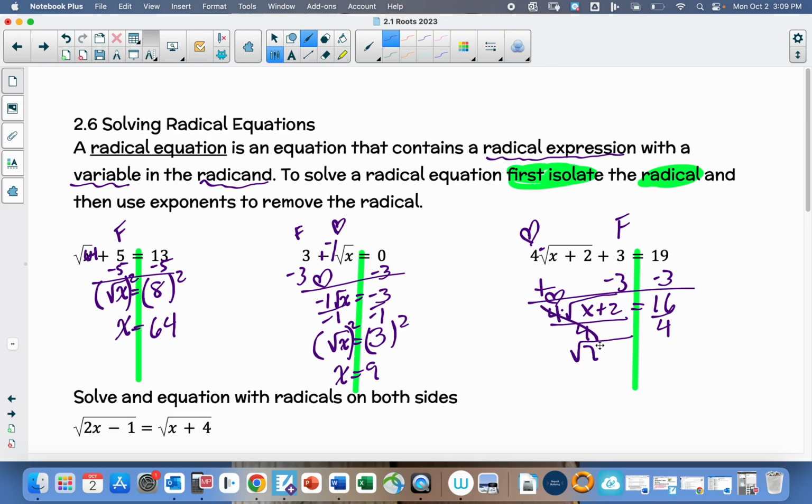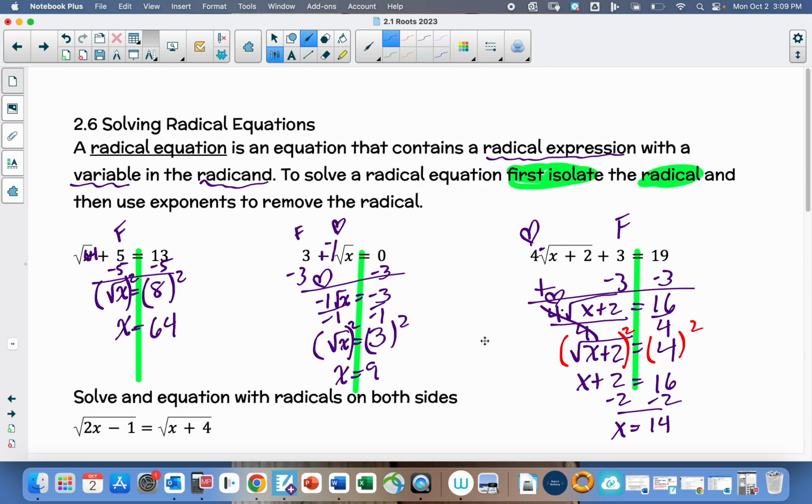And now I have the square root of x plus 2 is equal to 4. Now I've isolated my radical. So to undo that, I'm going to square both sides. And that gives me x plus 2 equals, and 4 squared is 16. And then last but not least, I get that x is 14.